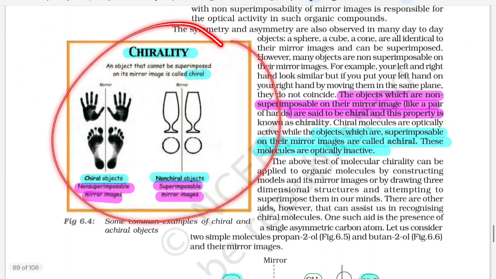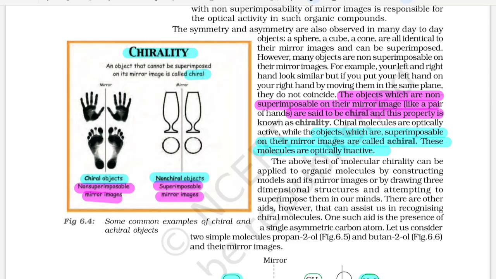You can see this box, chirality. An object that cannot be superimposed on its mirror image is called chiral. So, non-superimposable mirror images. Here you can see these are non-superimposable on their mirror images, so such objects are called chiral objects. And here these are superimposable, so such objects are called non-chiral objects.